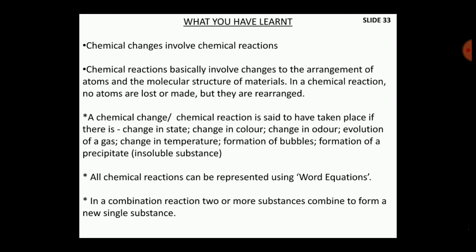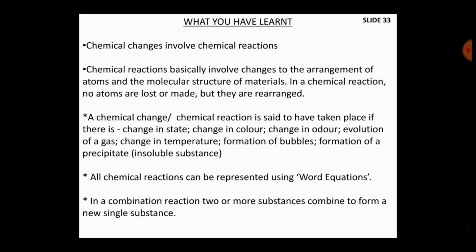Chemical changes involve chemical reactions. Chemical reactions basically involve changes to the arrangement of atoms and the molecular structure of materials. In a chemical reaction, no atoms are lost or made, but they are rearranged.